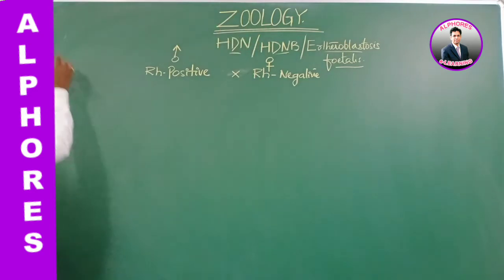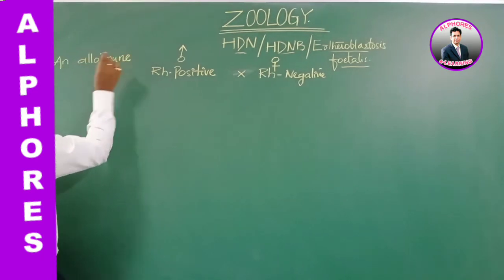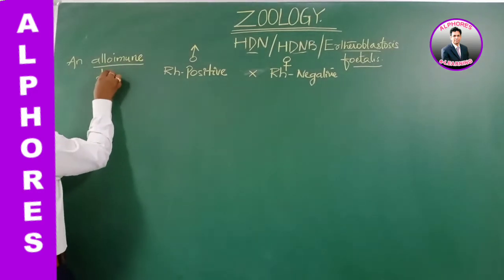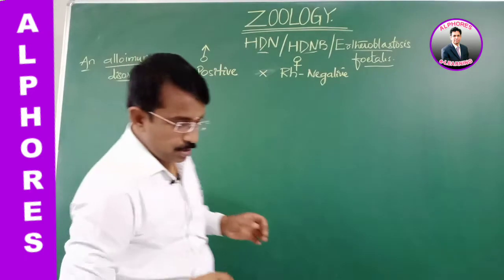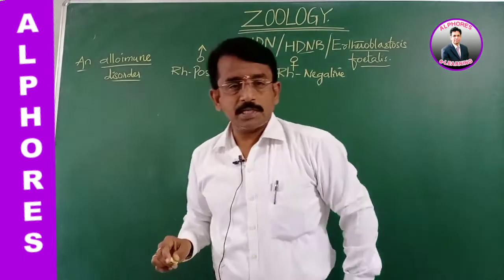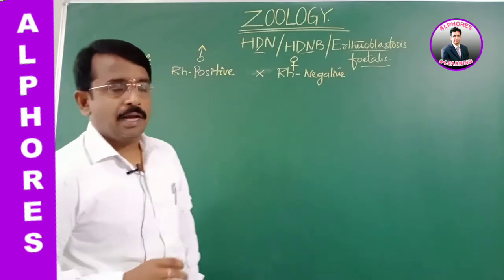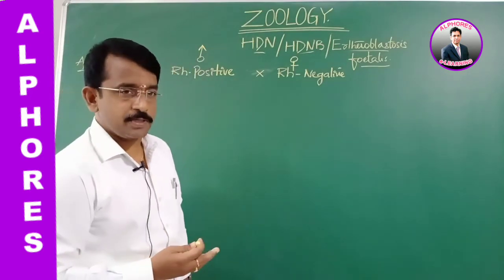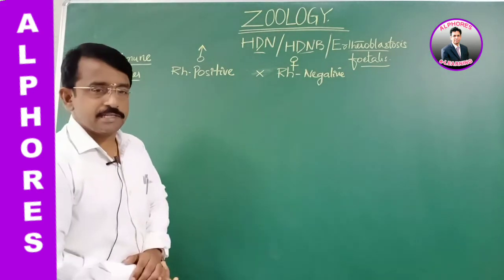It is said to be an alloimmune disorder. What do you mean by this? Alloimmune in the sense there are immune responses against the antigen, the production of antibodies against the antigens.